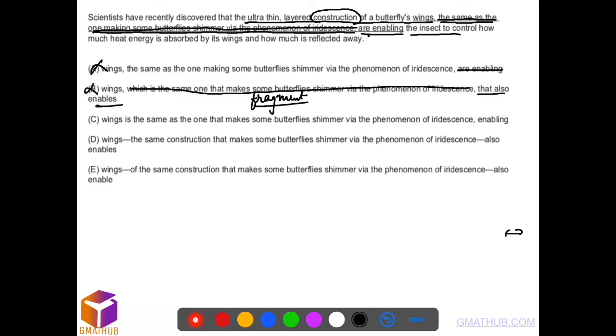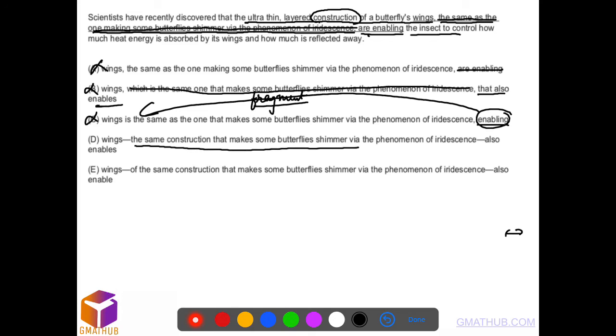Wings is the same as the one that makes some butterflies shimmer via the phenomenon of iridescence. Enabling. Now what enables? The construction enables. Now "ing" refers to the whole clause. It seems that the scientists have discovered and the discovery is enabling something. This is wrong. Wings, the same construction that makes some butterflies shimmer via the phenomenon of iridescence, also enables.